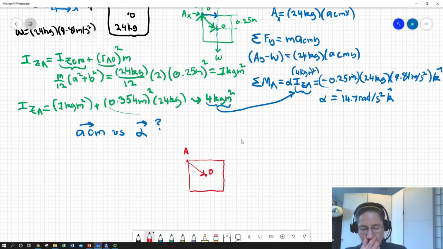So I can take a look at this right now and say, okay, I have a rotation about point A. I know what that is. It's 14.7 radians per second squared. And I have an R.